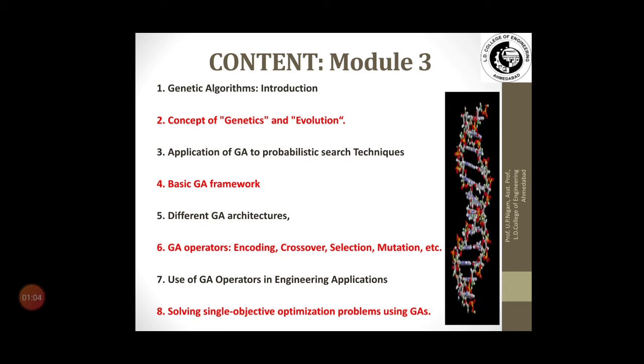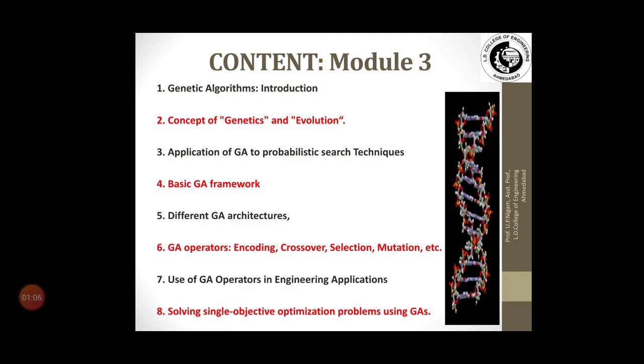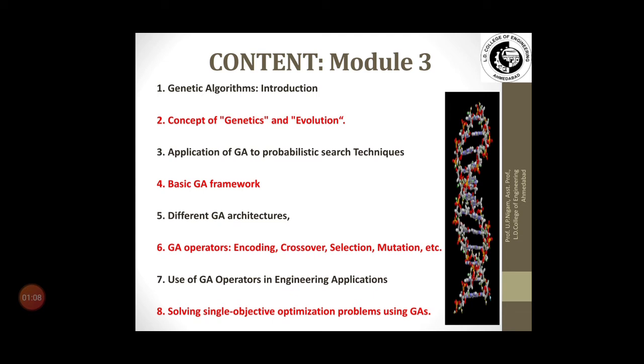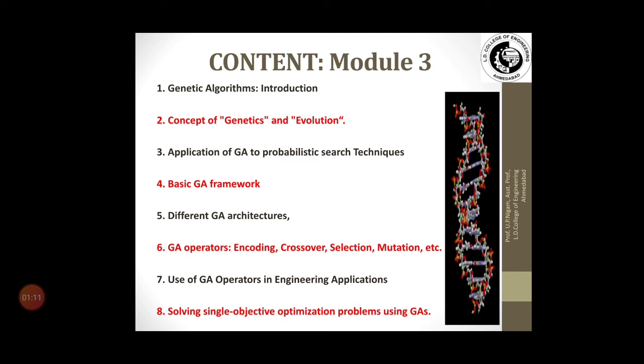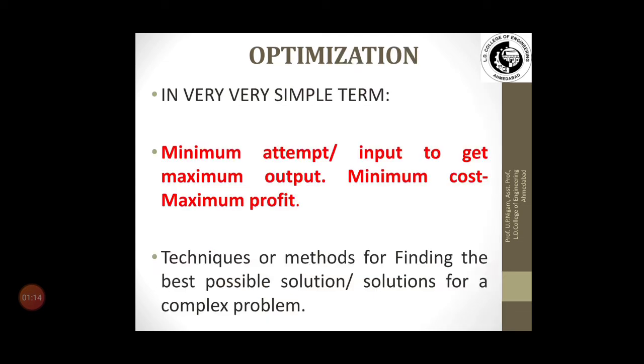We will try to understand this by having a few examples of mathematics, and general algorithm based problems have also been discussed. First of all, we have discussed optimization, and genetic algorithms give the most probable and possible solutions of complex problems. Optimization in very simple terms means using the minimum attempts or inputs to get the maximum output.